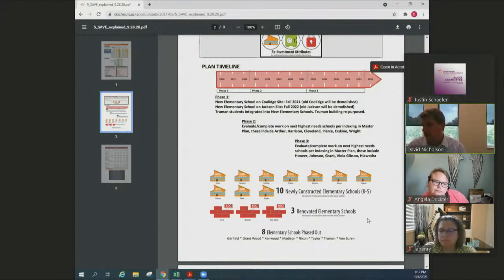So we're looking at going to bigger elementary schools to support that. Right now we have Coolidge, Jackson, and Truman in that first round, or first phase of the project.